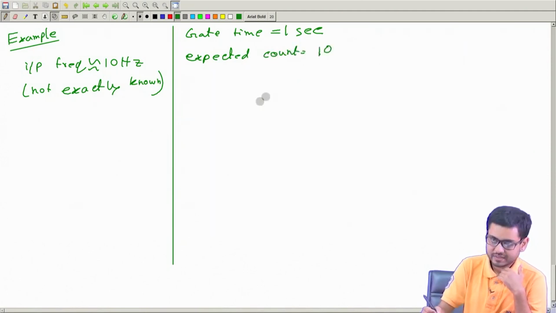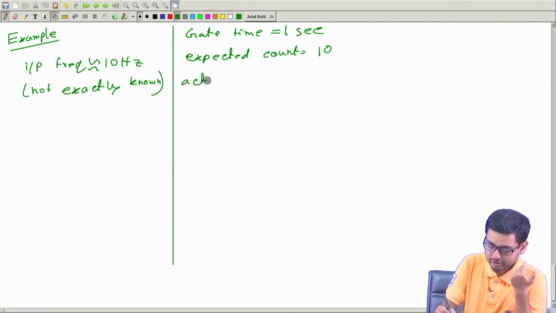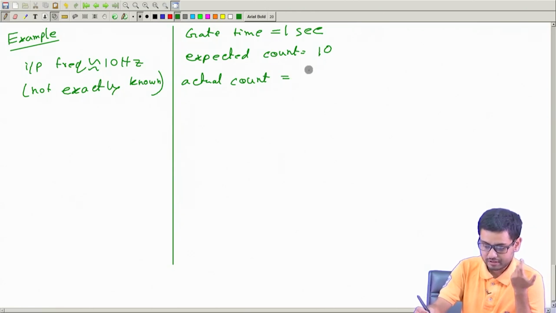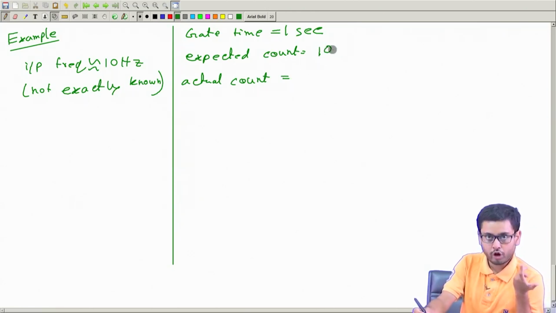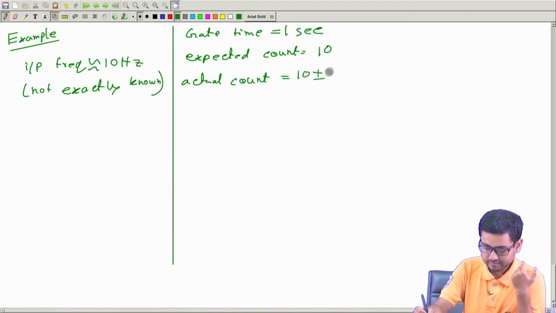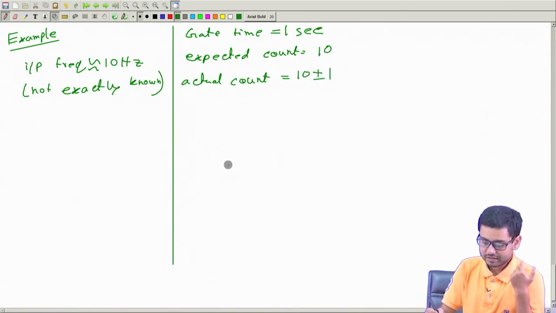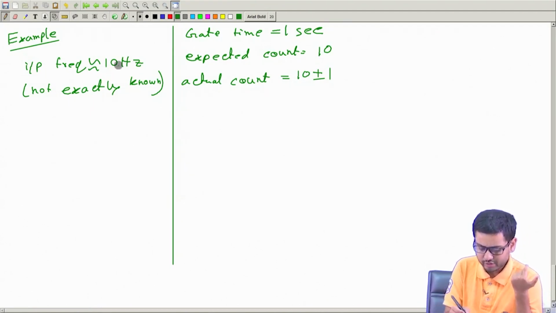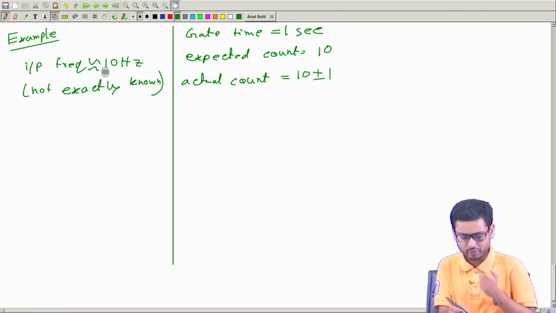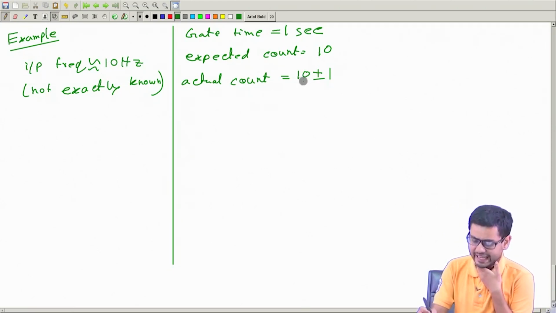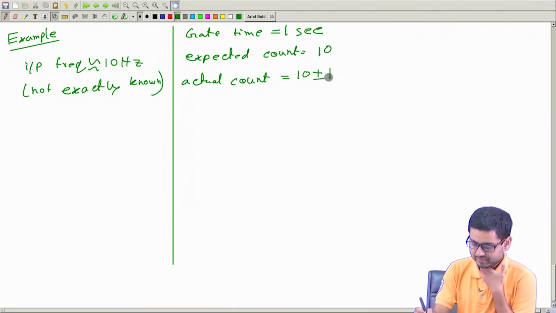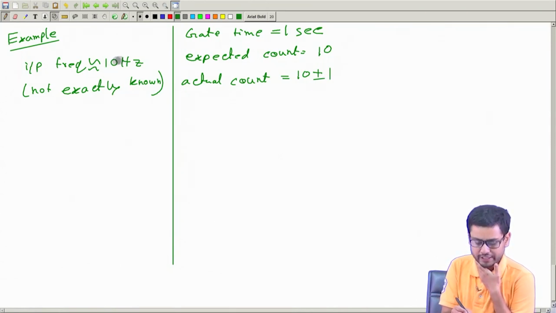It should be 10, but the actual count can come out to be 1 more or 1 less. Whether it will come out more or less than the expected count will depend on whether this is 9.9 or 10.1, etc. So, we can in general have 1 extra count or 1 less count, because in this case we do not know the exact frequency.